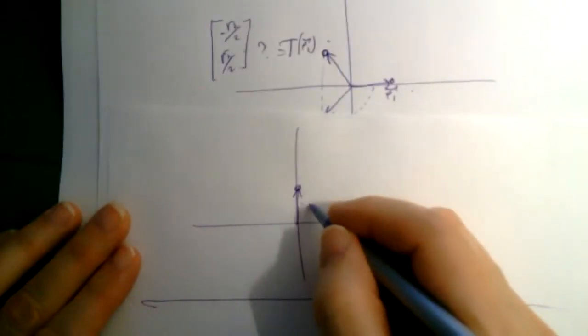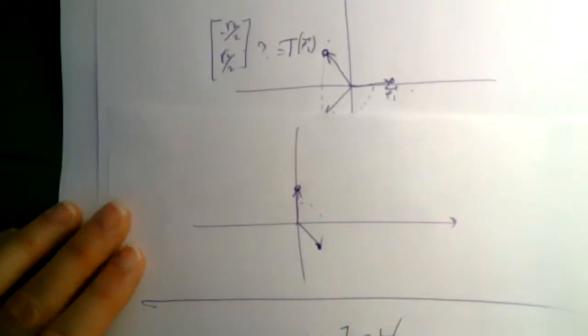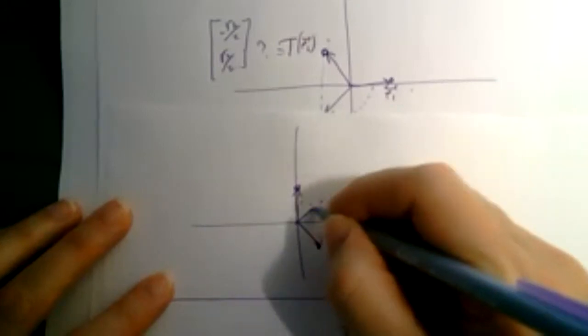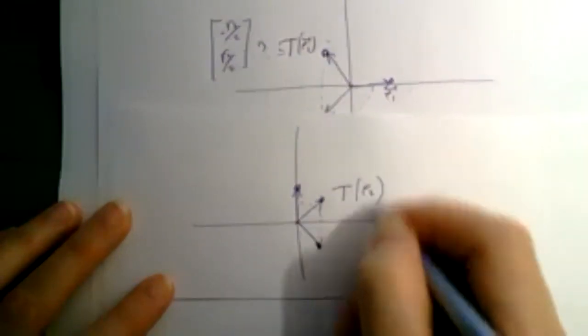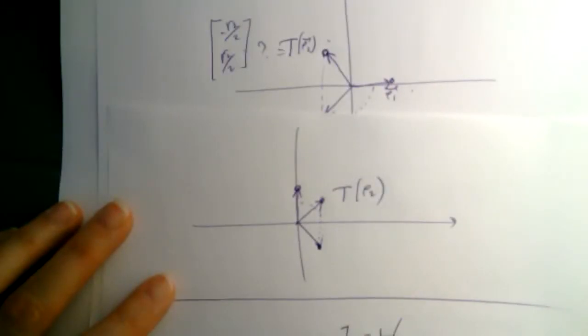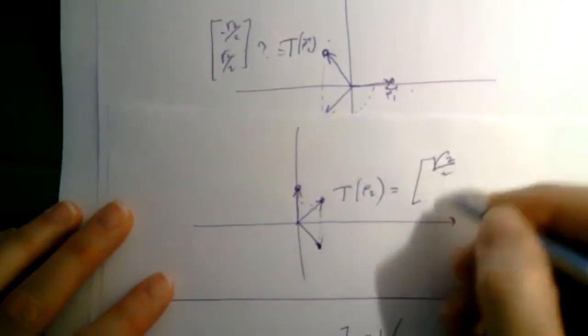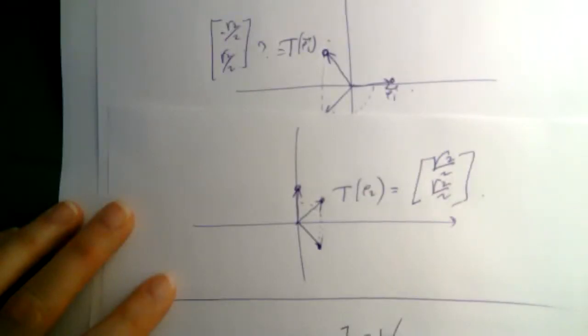I'm going to rotate it minus 3 pi over 4, which is going to land me here. And then I'm going to reflect it, which is going to land me right there. So that's T of e2. Now I can repeat verbatim what I did before, and I'm going to get square root of 2 over 2, square root of 2 over 2, because the picture is not hard.